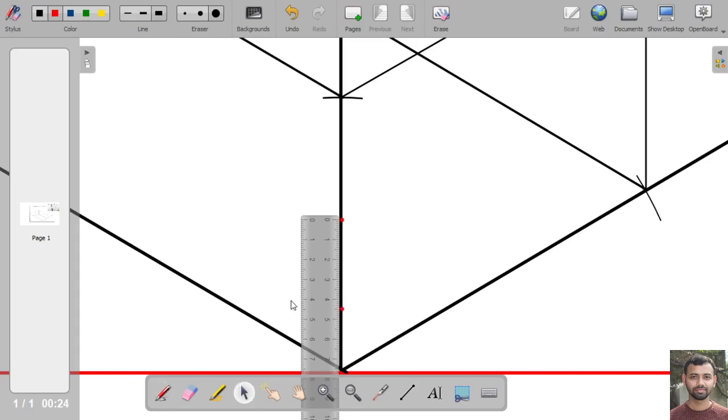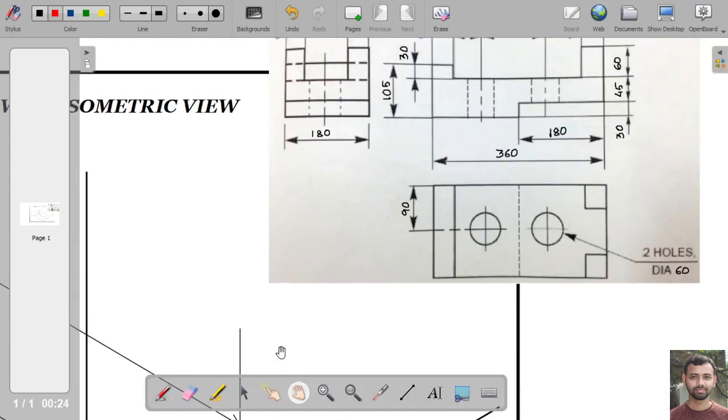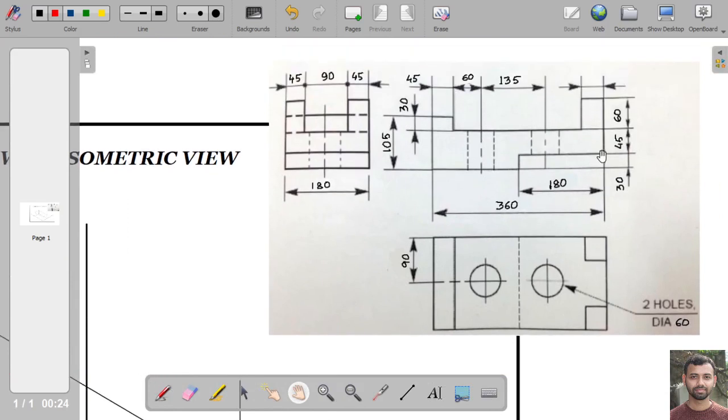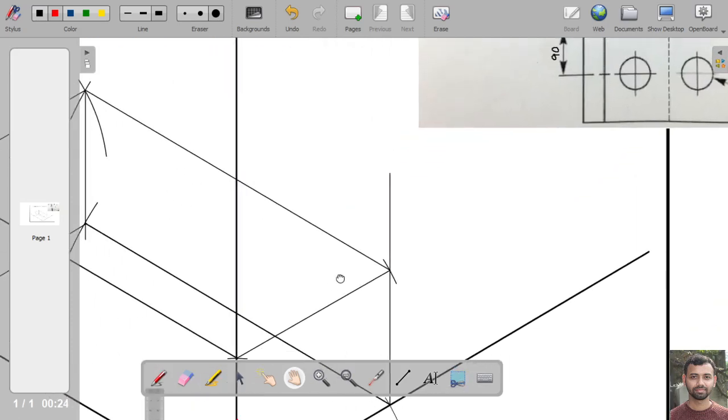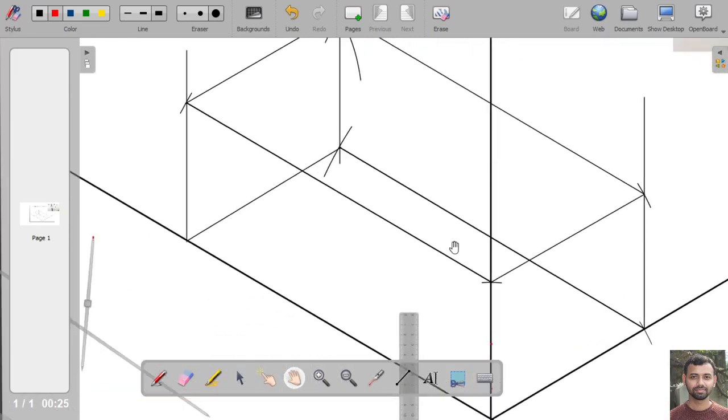Okay, and the next height is that 60 mm, so that will be the topmost part. Now the next dimension is given as 180 mm. But before coming to this dimension, let us put the dimensions on this axis. So the total height from the base is 105 mm.